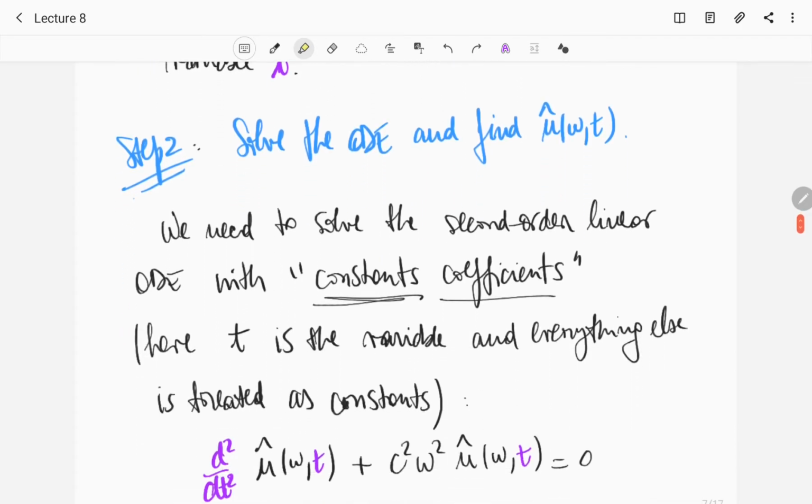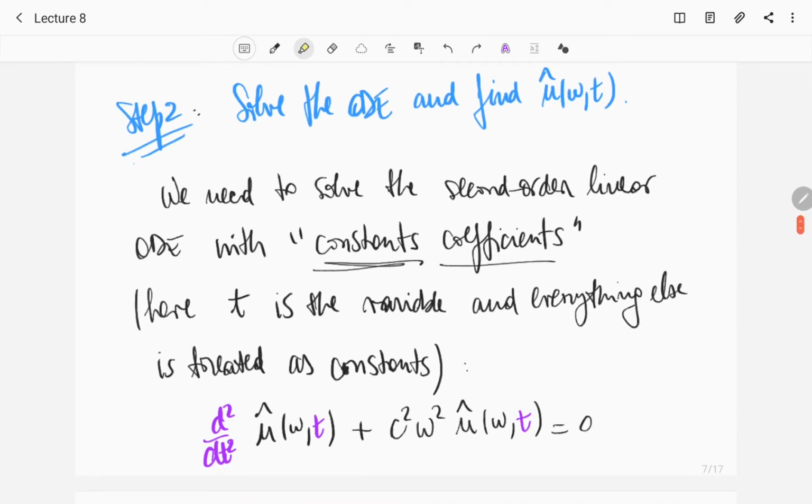Okay, second step, we solve this ODE and find this function, which is the Fourier transform of u in omega, t. Okay, so we need to solve the second order linear ODE with constant coefficients, and we have these guys here because constant, okay, we know that for us omega is not a constant, but it is indeed a constant because the variable here is t, okay?